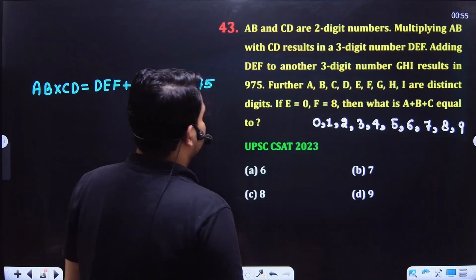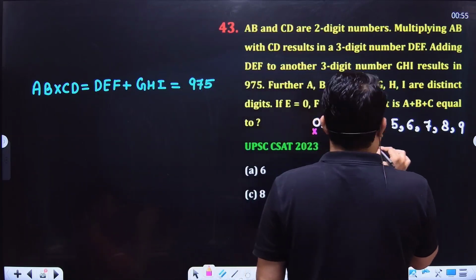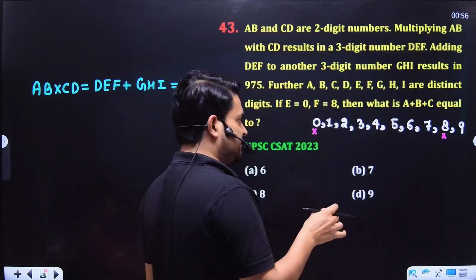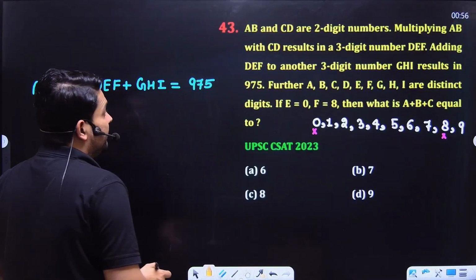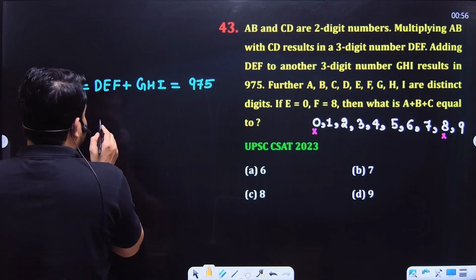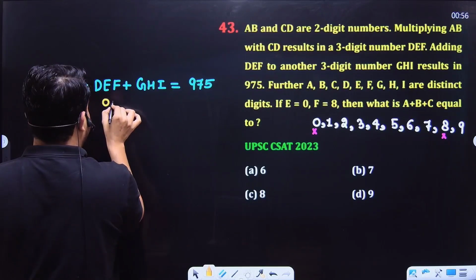See, here E is equal to 0, so 0 is already taken. Or F equal to 8, so 8 is already taken. So we have 1, 2, 3, 4, 5, 6, 7, and 9 as our values. See, in this question, it is clearly mentioned that E is equal to 0, and F is equal to 8.